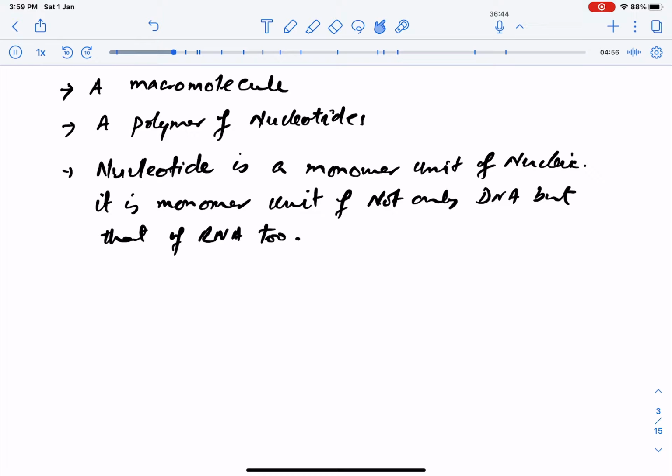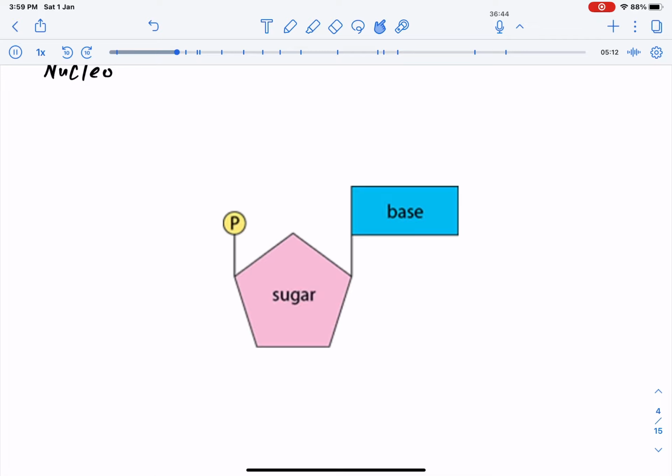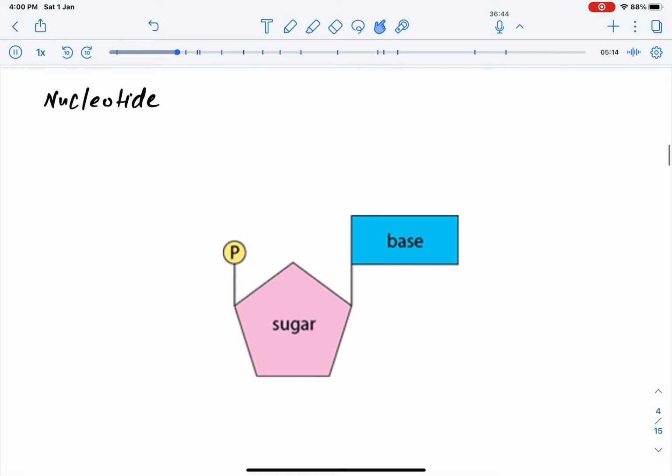So before we discuss the structure of DNA, let's talk about the structure of a nucleotide first. Structure of a nucleotide. A nucleotide consists of three components.